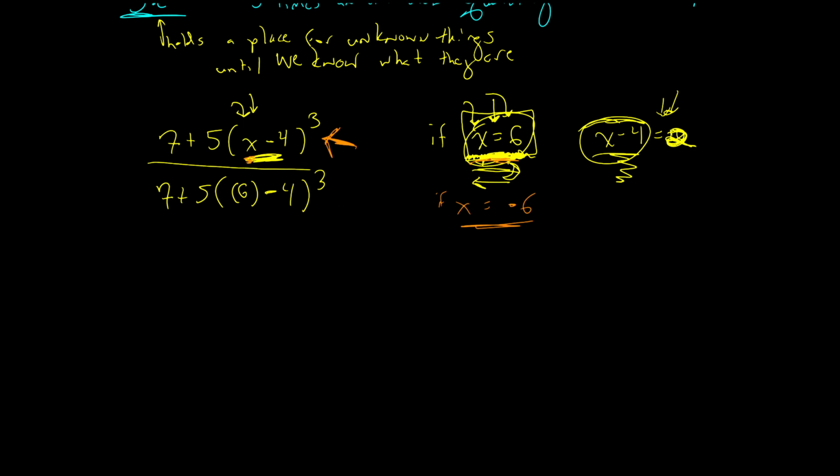So in the first case, I went through and I worked out if x was 6, this expression would give me 47. But what happens if x is negative 6? Well, I go through the same process, and I'll use my parentheses. Cubed. Right. And so now do my order of operations.